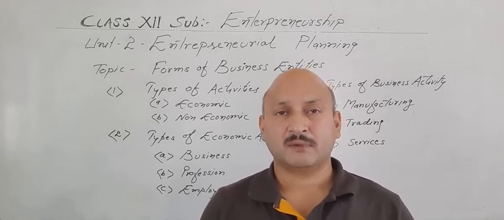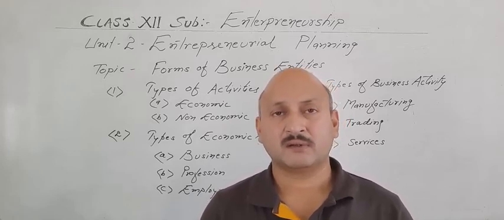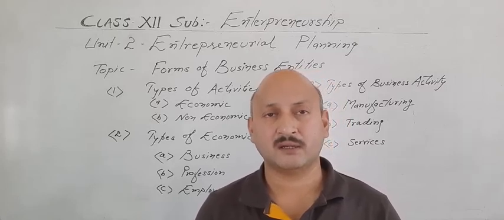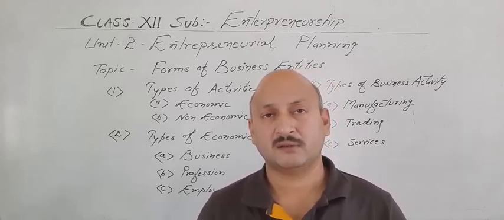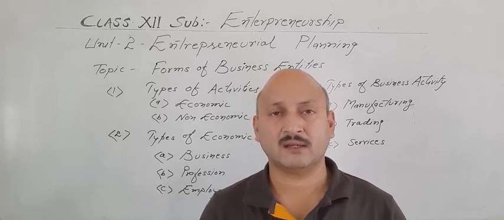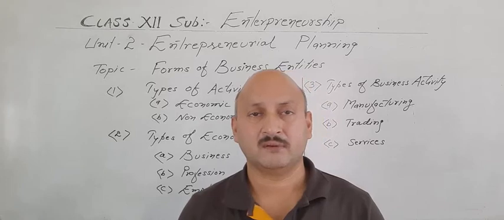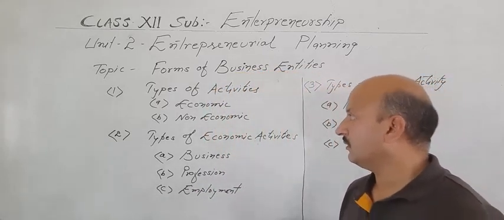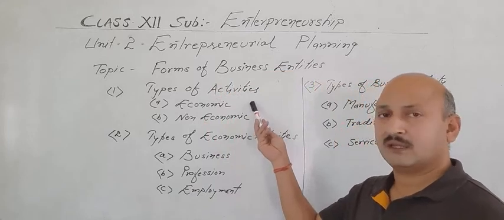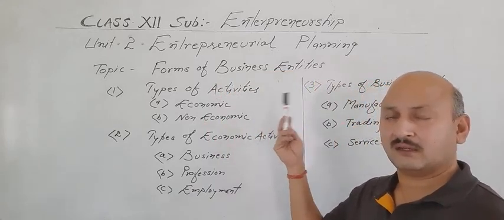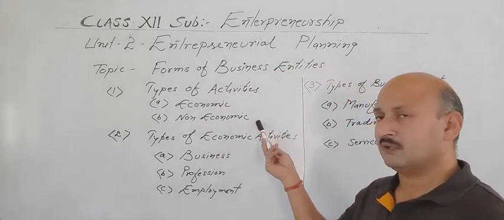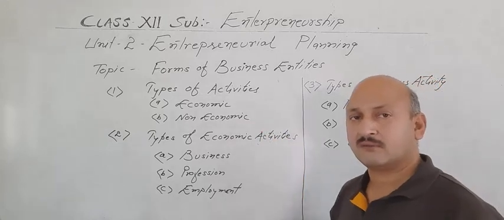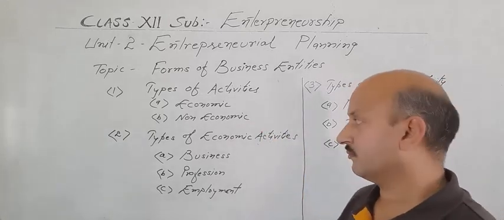For example, tree plantation, blood donation, cleaning of the area or premises, or maintaining the historical architectures, or anything for the benefit of society. So it is clear now that the activities are of two types. One is economic, which gives us certain income, and another one is non-economic, which does not give us any income.